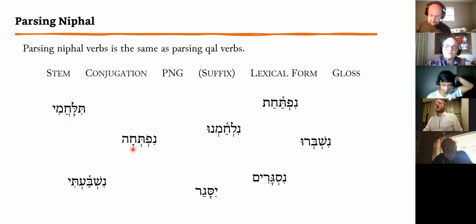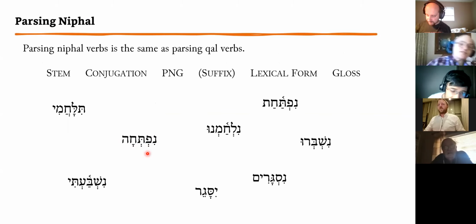Okay, Hosea, good job. John, do you want to try this one right there? I'll try it. Niftaha. The stem is fatah. Now the stem would be, is it kal or nifal?